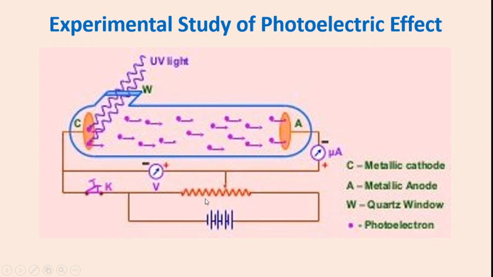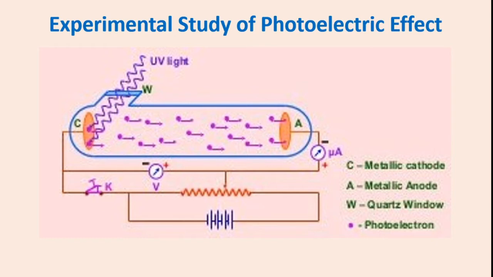By this potential divider, we can change the potential across the cathode and anode. This is the window through which we can make light incident. This window is made of quartz, which can pass ultraviolet light, because ultraviolet light is highly energetic.